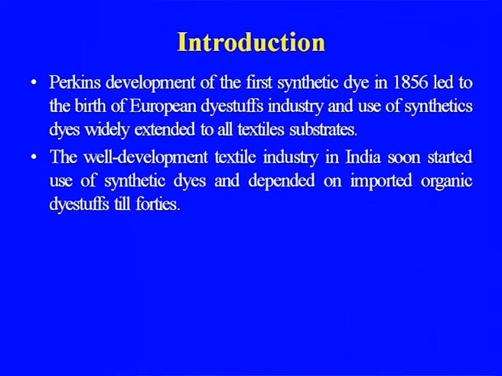organic dyestuff till the 40s, and after that, as I told you earlier, came the revolution in chemical production after the coming of petrochemical complexes and the production of chemicals from petroleum. In the dye industry also we are using a huge amount of raw material derived from the petroleum route now.